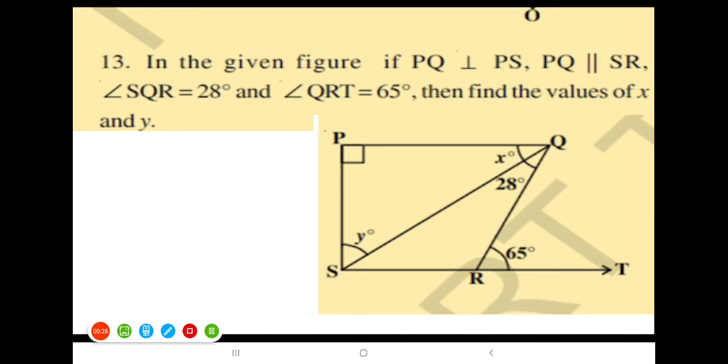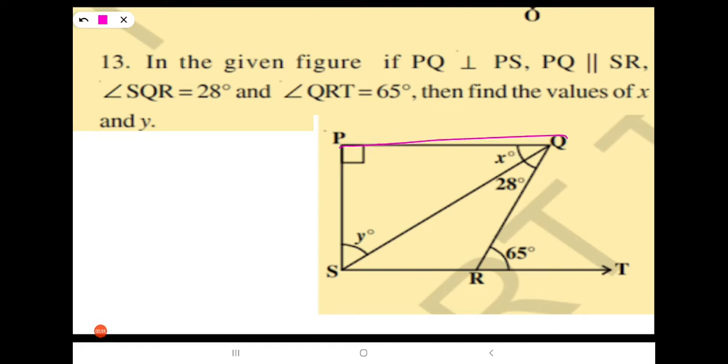In the given figure, if PQ is perpendicular to PS and if PQ is parallel to SR and angle SQR is equal to 28 degrees and angle QRT is equal to 65 degrees, then find the values of X and Y. So look at the figure.